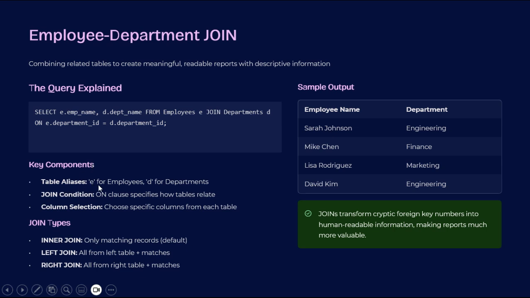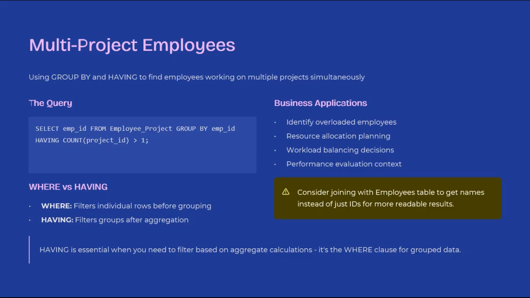Table aliases: e for employee, d for department. The on clause specifies how tables relate, and then choose specific columns from each table. Join types are inner join, left join and right join. So sample output will be there. Joins transform cryptic foreign key numbers into human readable information, making reports much more valuable.